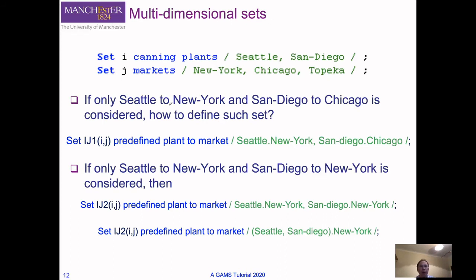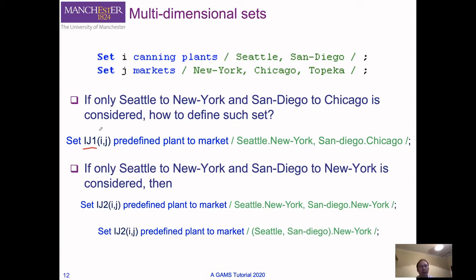We can also define a multi-dimensional subset. For instance, if we want to define a subset to denote Seattle to New York and San Diego to Chicago, then we can define a subset ij1.